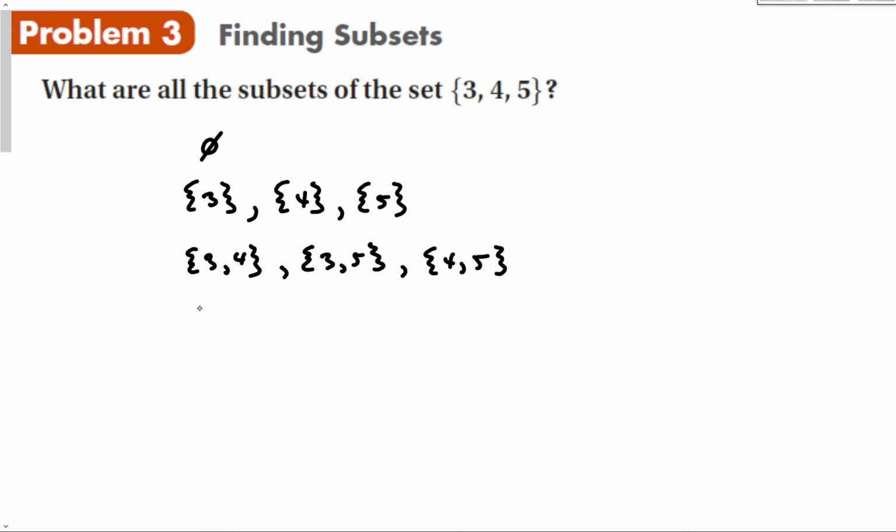And then finally, there is one more set that is a subset of 3, 4, 5, and that is 3, 4, 5, right? All 3 of them are a subset. The whole set is a subset of itself. Okay? So there are 1, 2, 3, 4, 5, 6, 7, 8 subsets of this particular set.